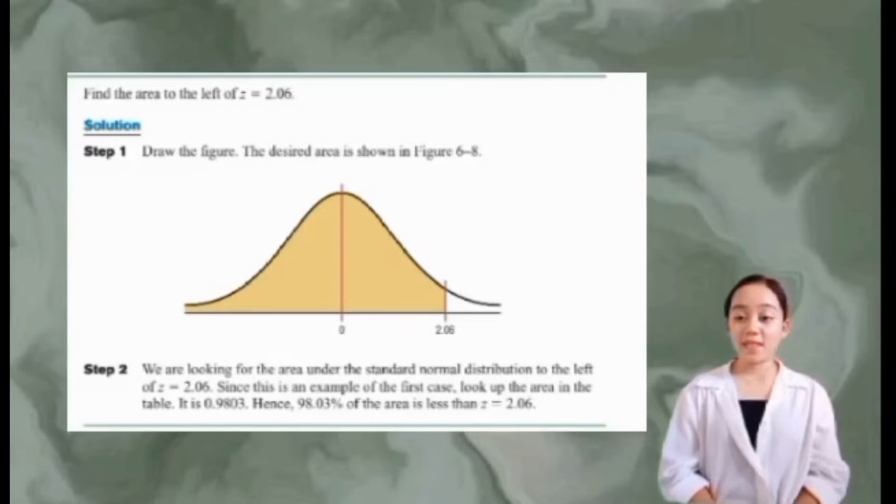It is 0.9803. Hence, 98.03% of the area is less than z equal to 2.06. As you can see, the shaded part goes to the left side because we are asked to find the area to the left of z equal to 2.06.